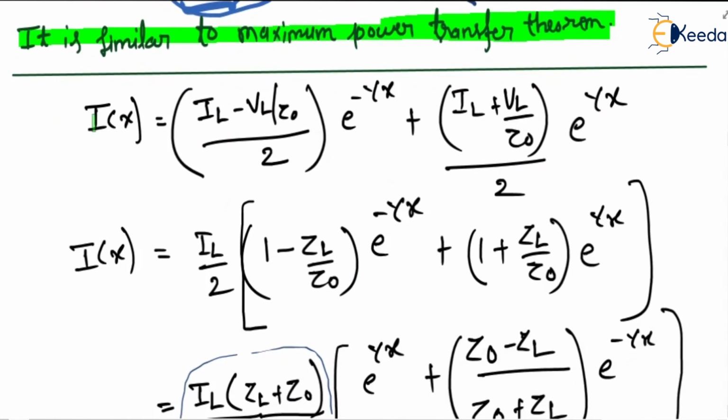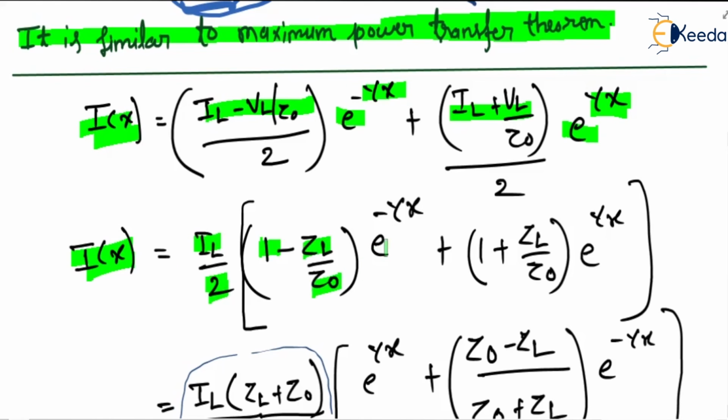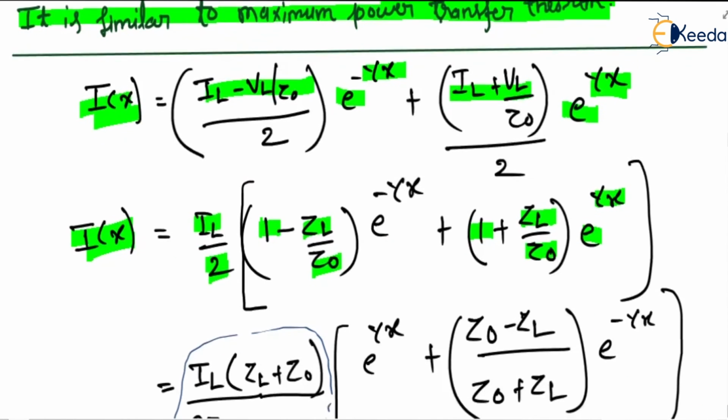Also, we write the equation of current. Current is C3 e to the power minus gamma x plus C4 e to the power gamma x. So for current Ix, we take IL by 2 as common. So it is (1 minus ZL by Z naught) e to the power minus gamma x plus (1 plus ZL by Z naught) e to the power gamma x.